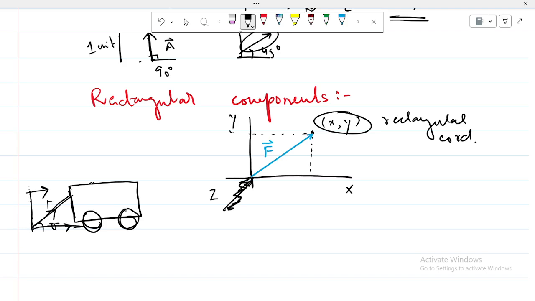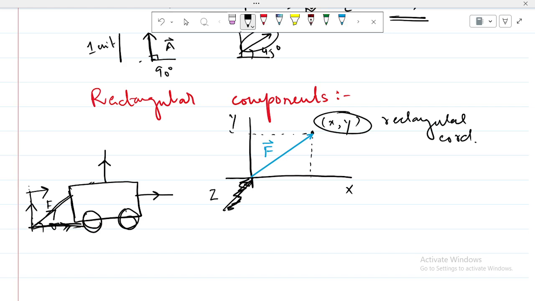Some part of this force vector F has a part in the rightward direction and some part is upwards. So what we say is that the part of this force F is actually pointed this way and some part of this force is actually pointed this way.